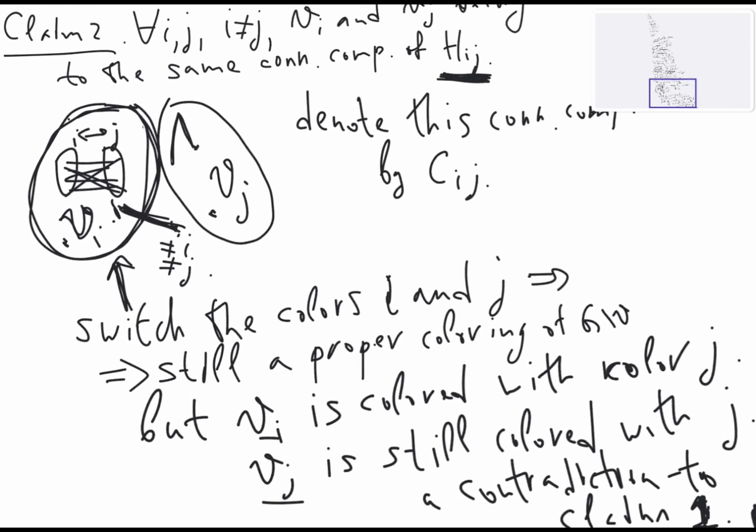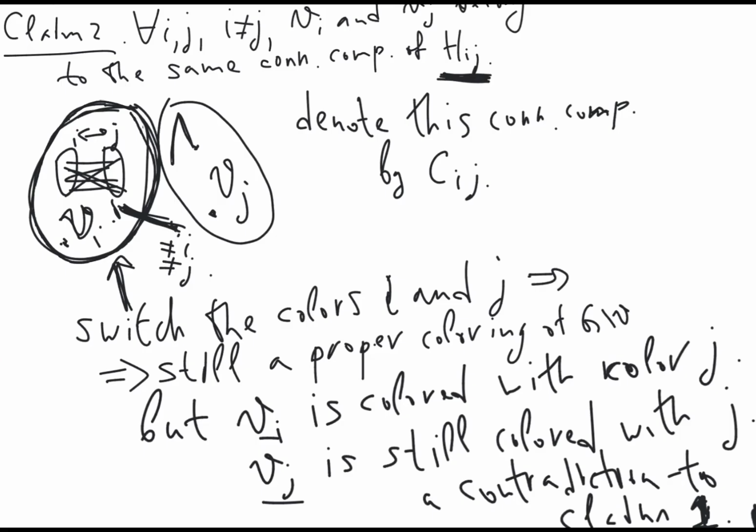So the contradiction appeared because we assumed that Vi and Vj lie in different connected components. Then in one of them we can switch colors i and j. If they're in the same connected component, then switching colors i and j, Vi would be colored j and Vj would be colored i, and we still would have delta colors among the adjacent vertices of V. So this wouldn't create this contradiction.